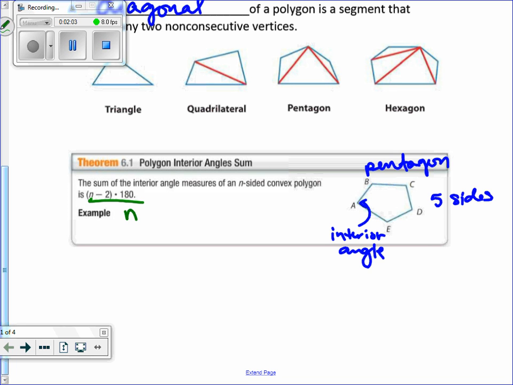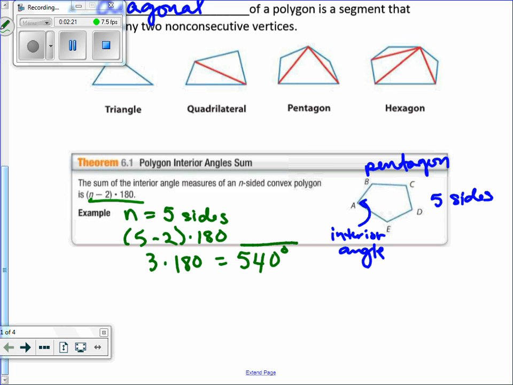N is the number of sides, so in this case, this one has 5 sides. So I would replace n with 5, and then simplify: 3 times 180, which is 540 degrees. That's true for any pentagon. All pentagons have an interior angle sum of 540 degrees.